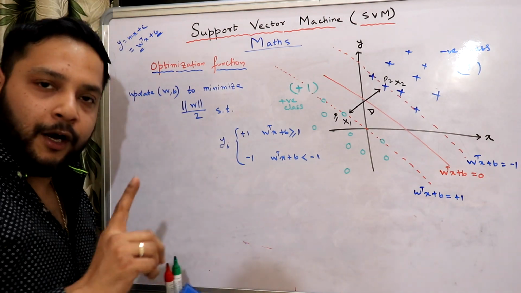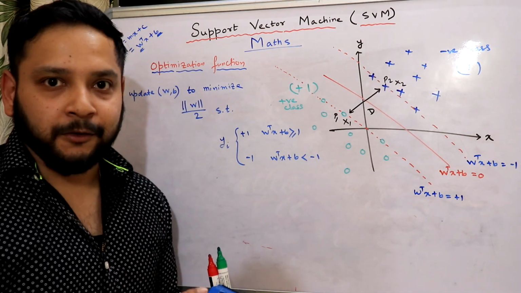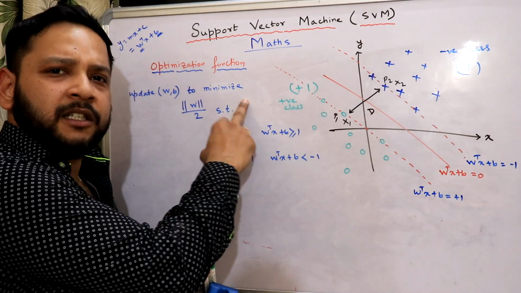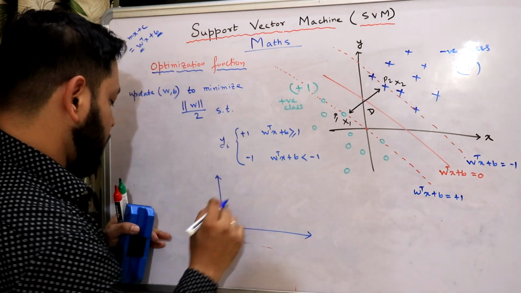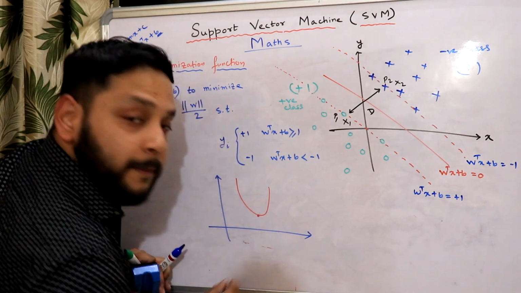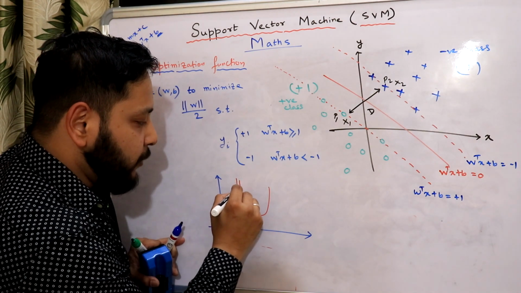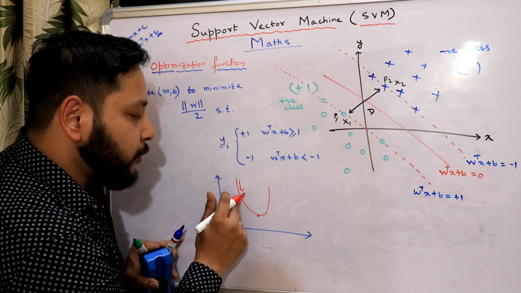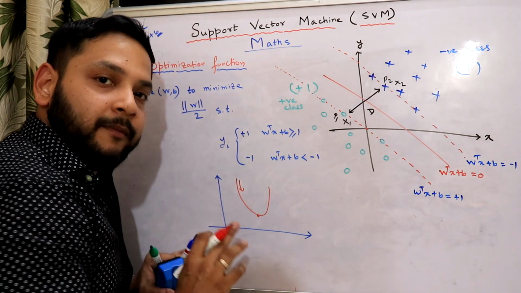Now one very important thing you should note here: an interviewer can ask you, or not even an interviewer, for yourself you should know why we are taking this minimization. Because in gradient descent we need to find the minima value. So when we are training a model, we try to reach this minimum value, so our cost function of the error will be less.